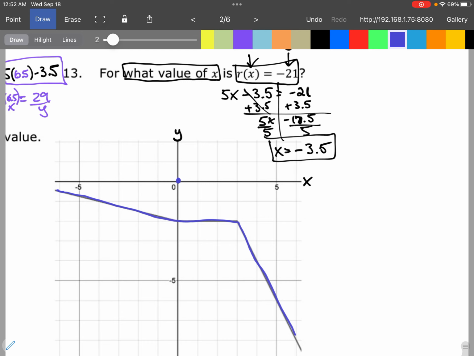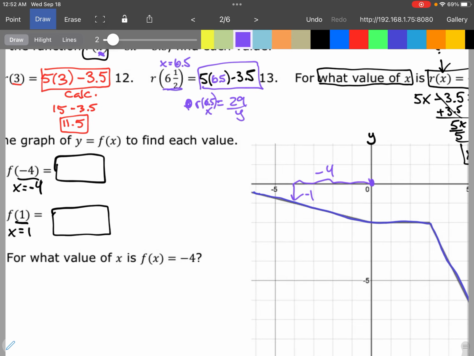So I always start from the origin. 1, 2, 3, 4. And then down 1. Negative 4. Down 1 means negative. When x is negative 4, y is negative 1. Also, we name this point right here.